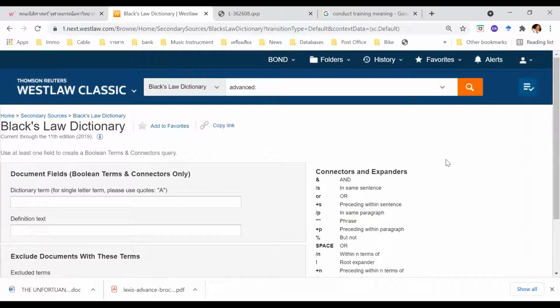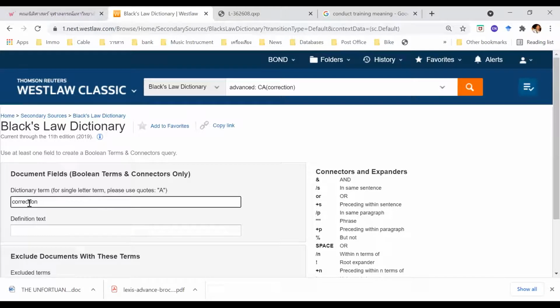Suppose you are looking for a word, "collection". When I went to court, the judge asked me how many documents Westlaw contains in the collection.